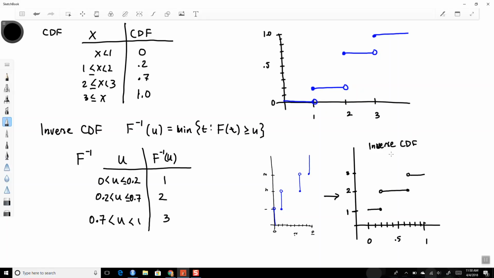To generate values here, generate u from the uniform, and then you just plug it into the inverse CDF function.